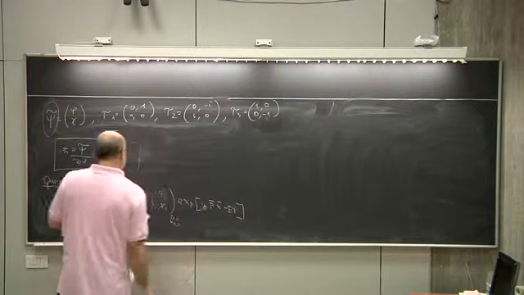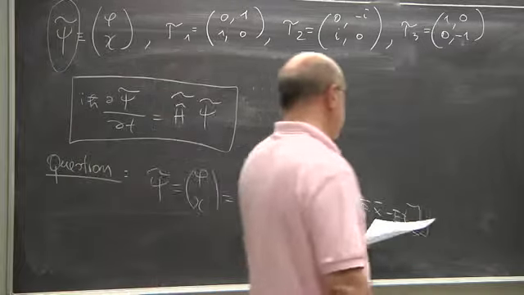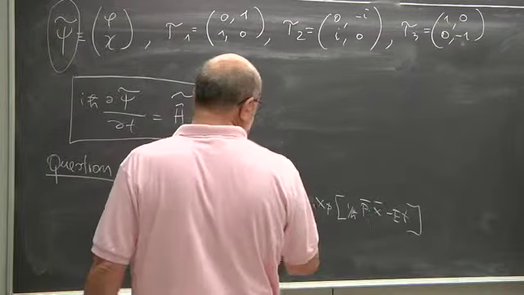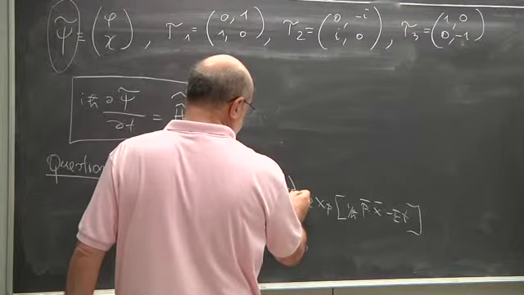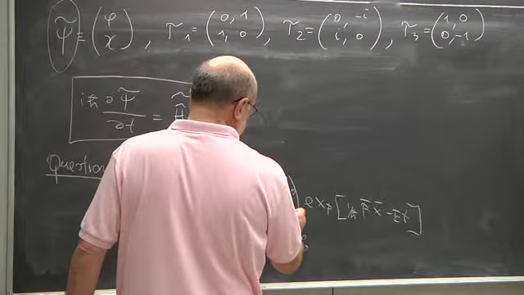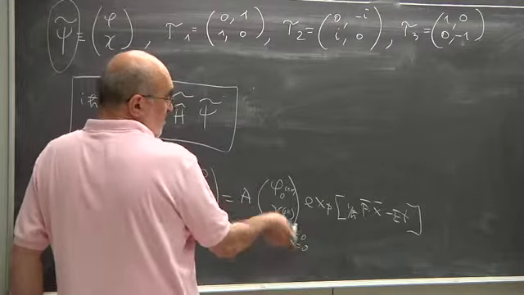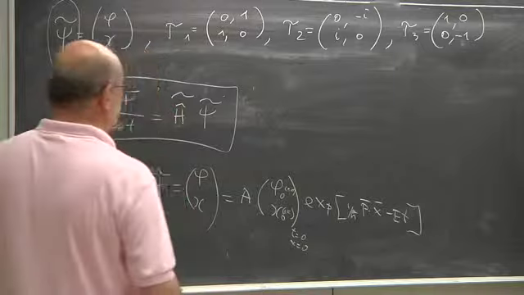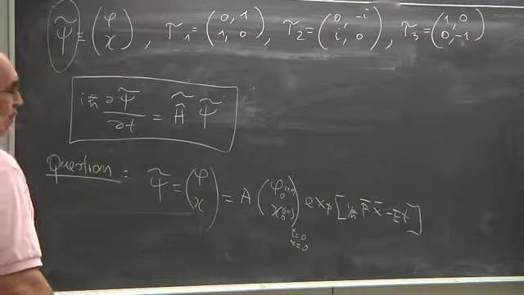So we are asking ourselves, do solutions of this form exist that are plane waves in x and t? And of course, this object can depend on P and E. These are just the phi and chi at time 0, but in principle they can depend on P and E. So the question that we are asking is, are there solutions of this form, like plane wave solutions?